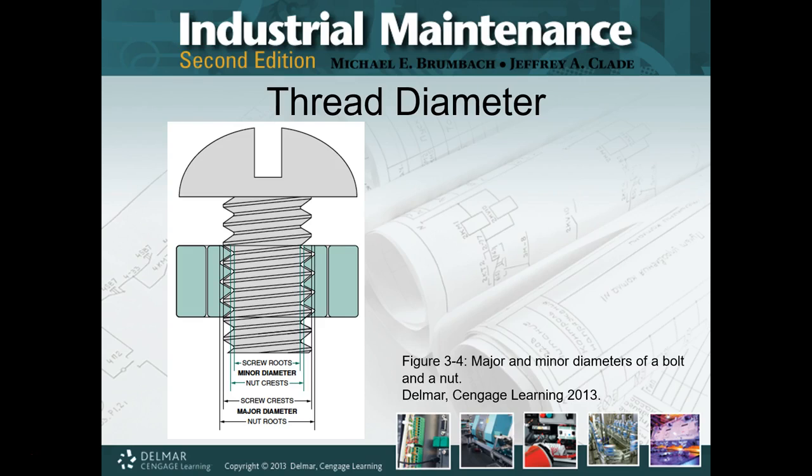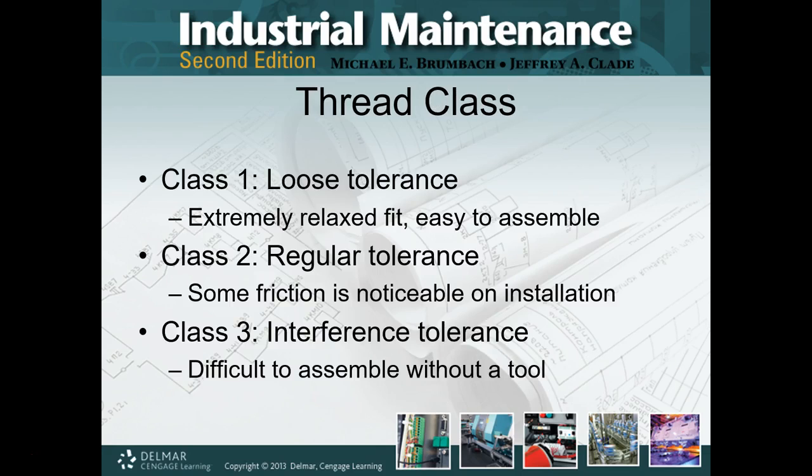So this one gets a little bit more funky, especially when we start looking at metric. It takes a little bit of a different meaning, but it'll work. So thread class 1 is loose fit, extremely relaxed, easy to assemble. Once again, you'll see this a lot where you think it's going to be really rusty. Class 1 is the way to go.